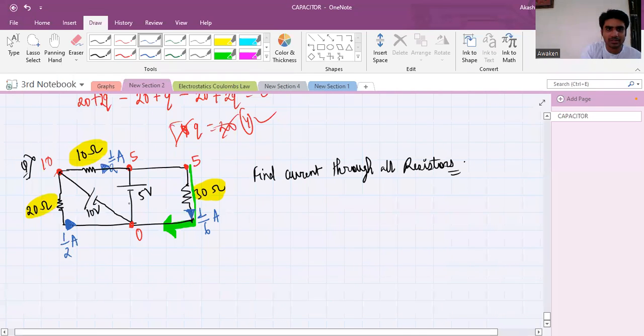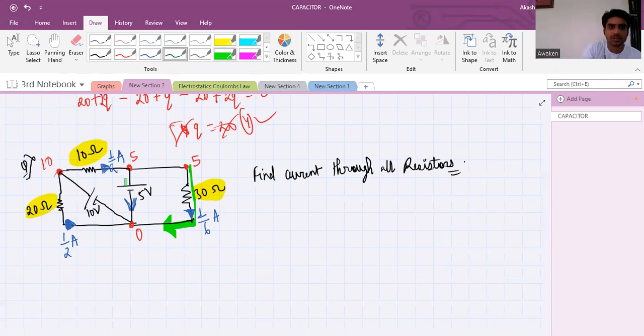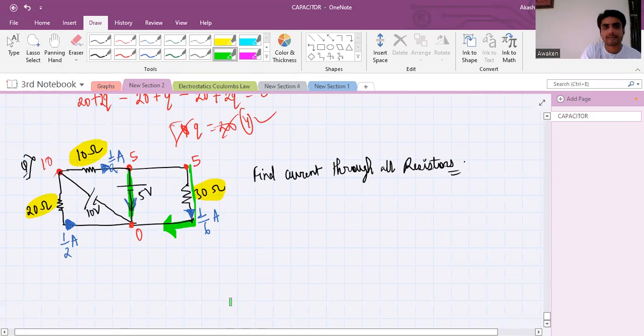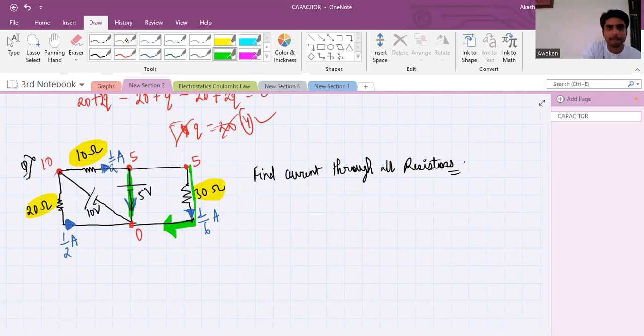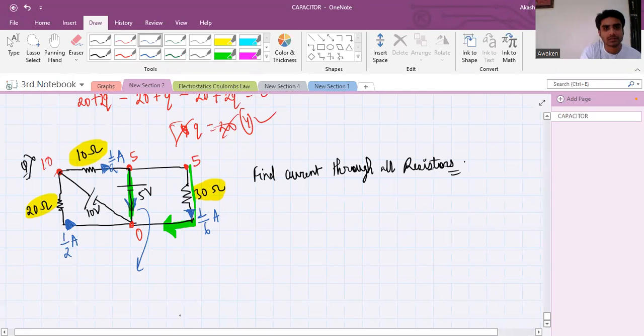What is the current in this branch? Sorry, what is the current in this branch? It is minus 5 volts. Or current I'm asking, the current in that branch.